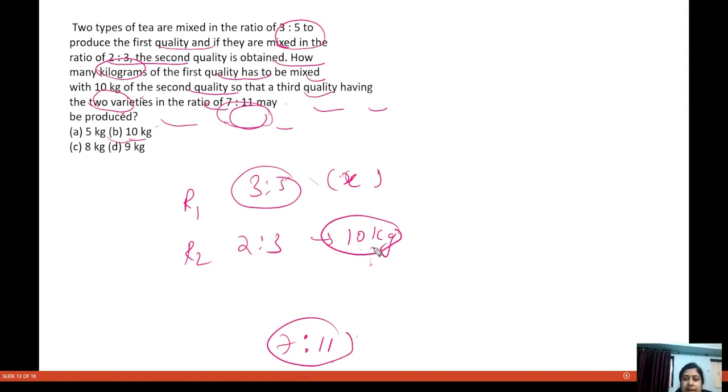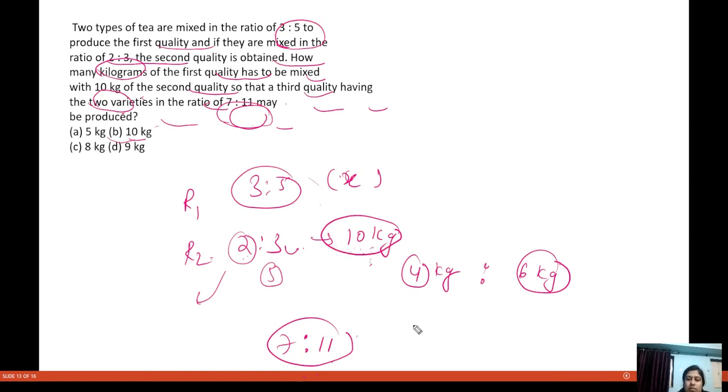When you are having 10 kg of this quality, because this is 5 parts, you will be getting 4 kg of this first quality of tea and 6 kg of this second quality of tea.